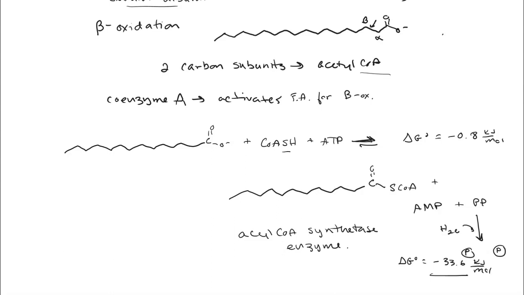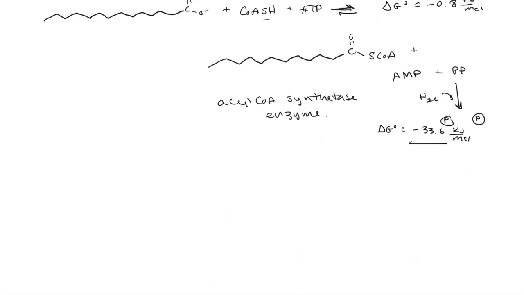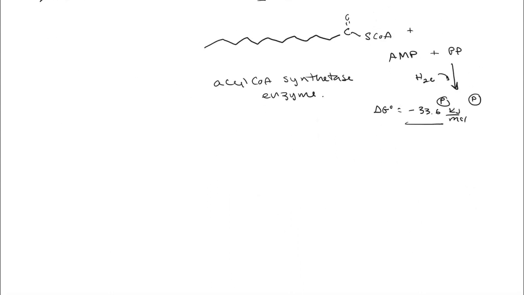Okay, so now that we've got these activated fatty acids, what happens next? Well, the next really important step is that carnitine is going to carry our fatty acyl groups across the inner mitochondrial membrane. What's that look like?